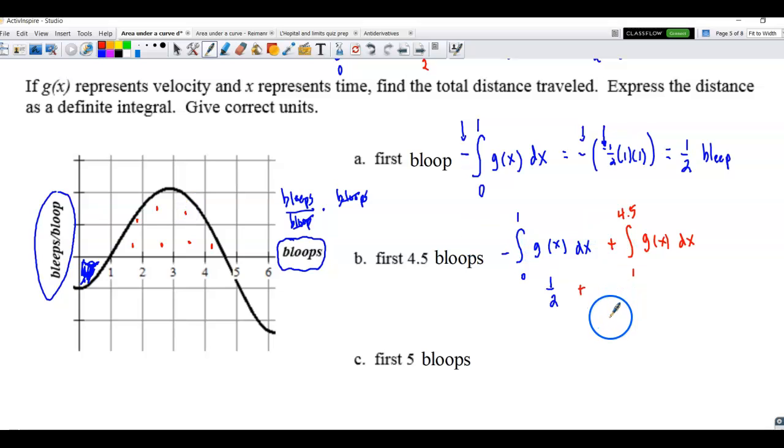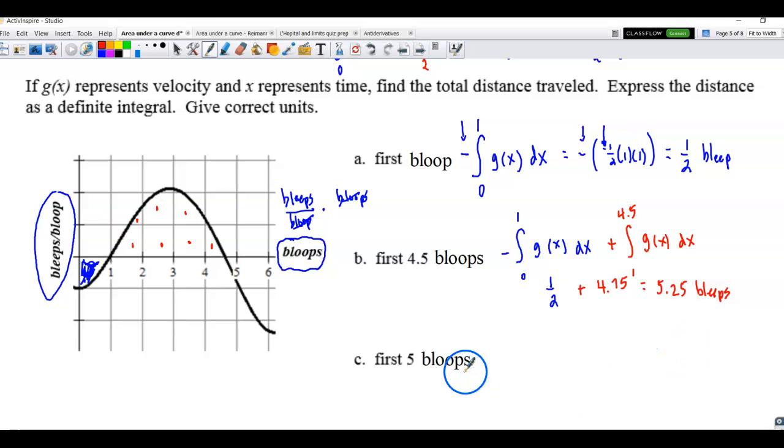So that's 4.75. And these are 1 by 1s, so we're good to go. So plus 4.75, which gives me 5.25 bleeps.